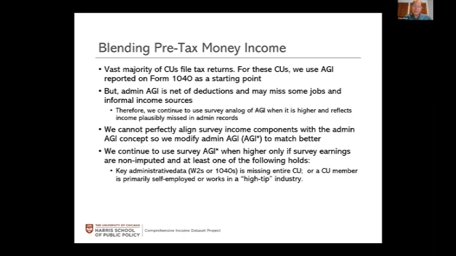We continue to use survey AGI star when higher, only if survey earnings are non-imputed, and at least one of the following holds. Key administrative data sources are missing for the entire consumer unit, or a CU member is primarily self-employed or works in a high-tip industry.